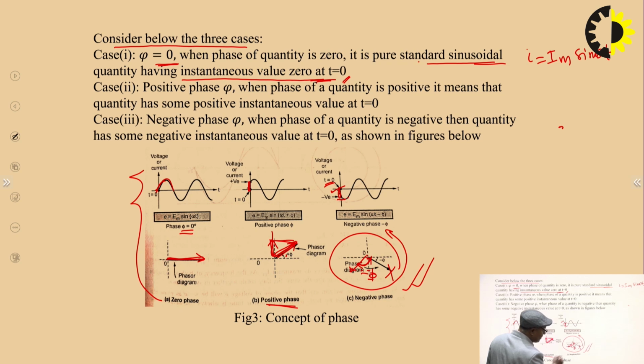At this time its projection is this much, and after some time when it aligns here, its projection will be this much, from this negative to this maximum negative. So, this phasor should be here. This is the meaning of negative phase angle: when the AC quantity has a negative phase angle, its instantaneous value at time t equal to 0 is negative. This is the meaning of 0 phase angle, positive phase angle and negative phase angle.